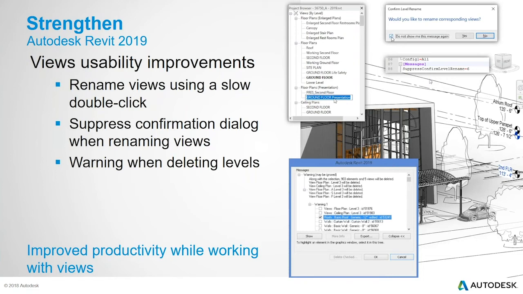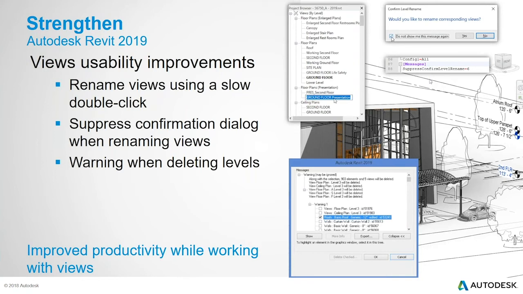What you need to do is go to that user's INI file, find the message that confirms the renaming of that level, and then just remove that from the INI file. When you do that, you will have to shut down Revit and restart it in order for the dialog box to appear. One of the tools that we use here is Notepad++ as the text editor to be able to show us where that entry is made.